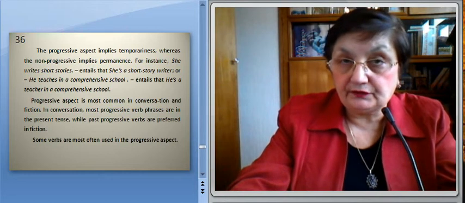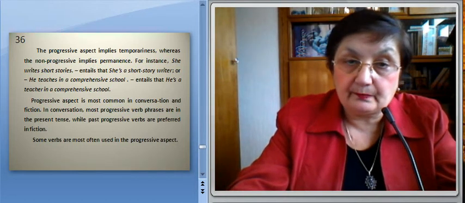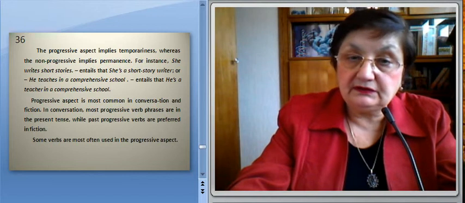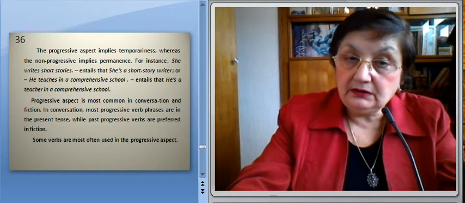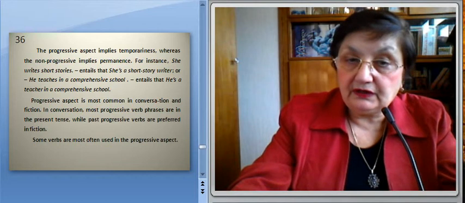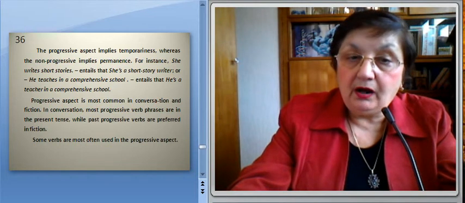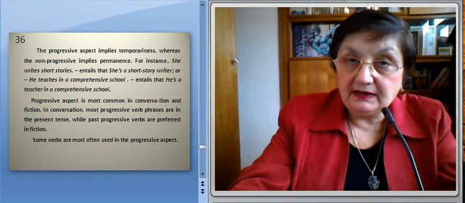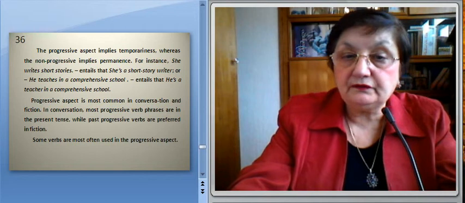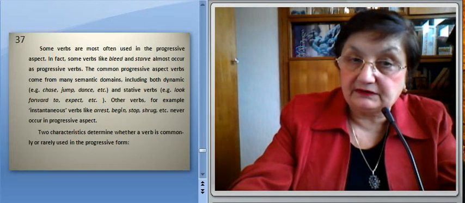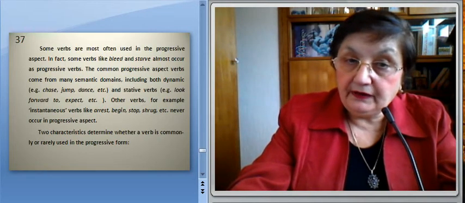Some verbs are most often used in the progressive aspect. In fact, some verbs like bleed and start almost always occur as progressive verbs. The common progressive verbs come from many semantic domains, including both dynamic and stative verbs.